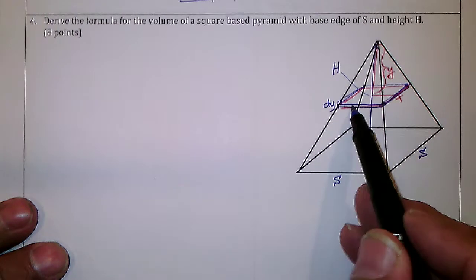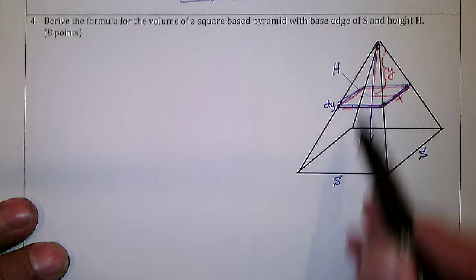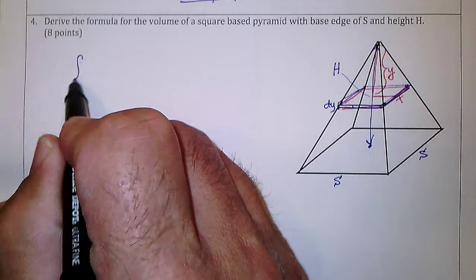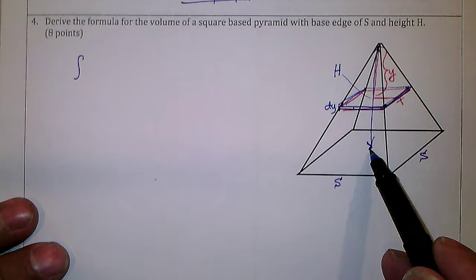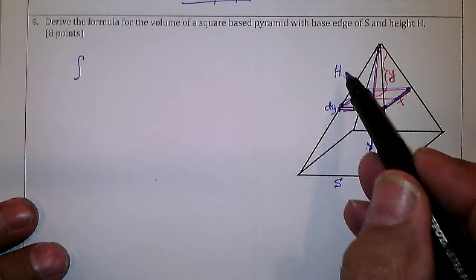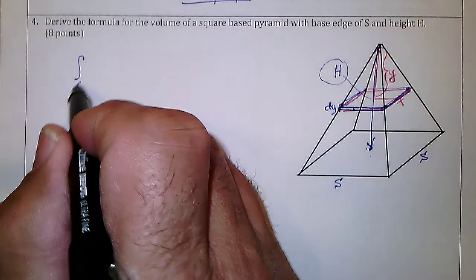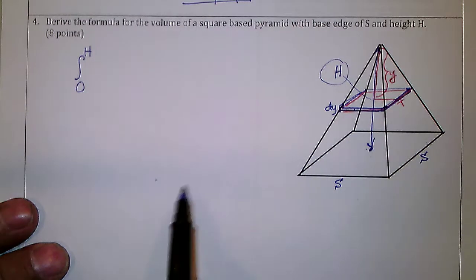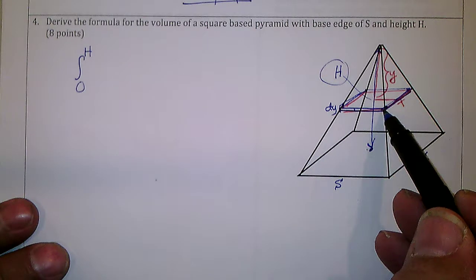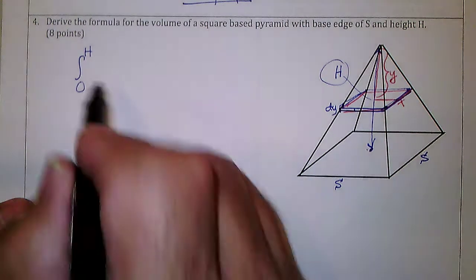And we want to add up all these slices from the bottom to the top, or from the top to the bottom. So I'm just going to say from 0 to the whole height, h. The volume of the slice is just going to be x times dy.